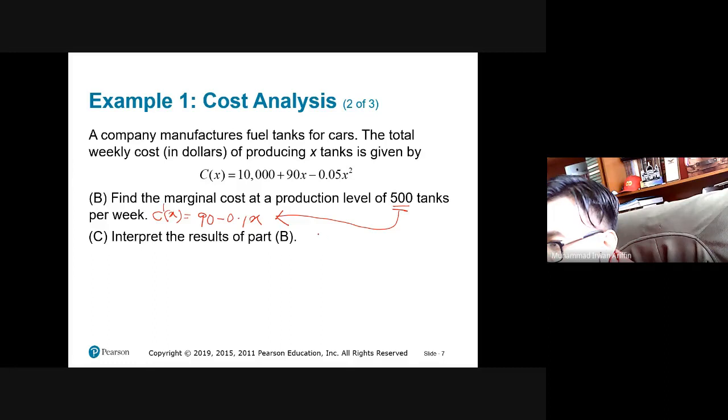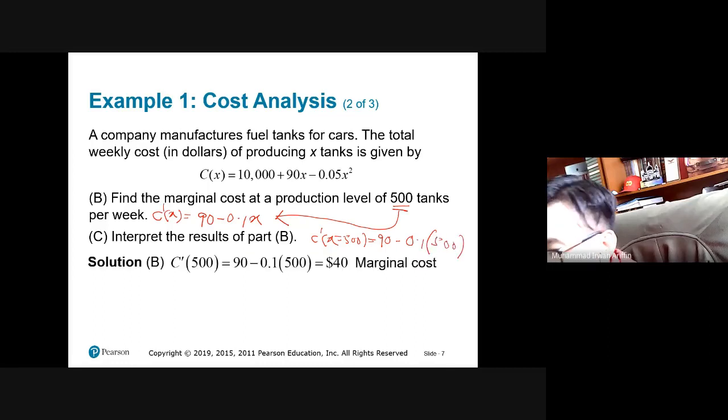So we're going to have C prime of 500 equals 90 minus 0.1 multiplied by 500. So we're going to have 40, right? This is 90, this is 40. So we have $40, which is our marginal cost at the production level of 500 tanks per week.